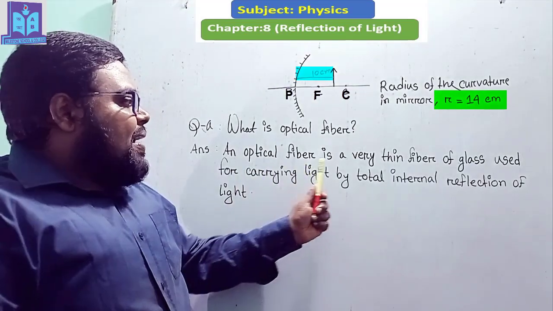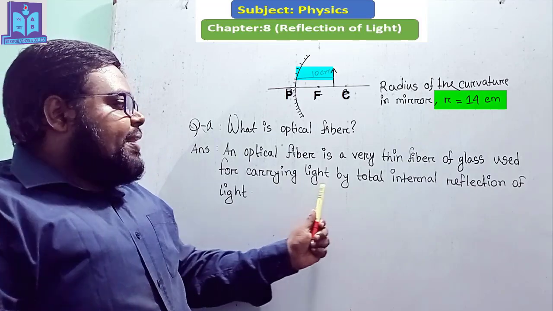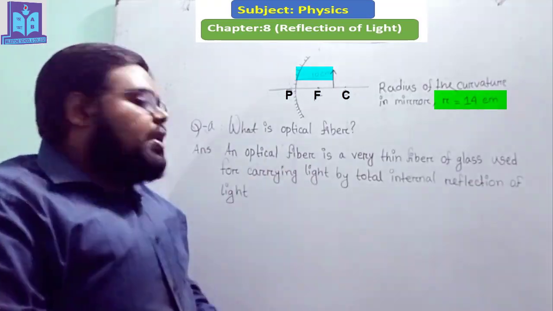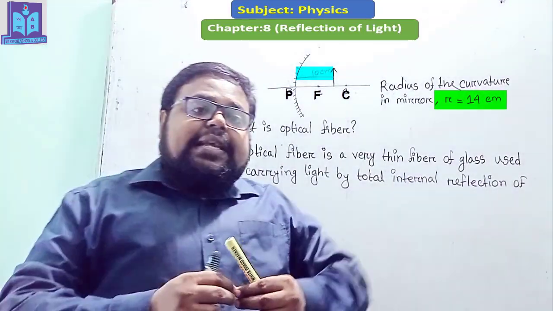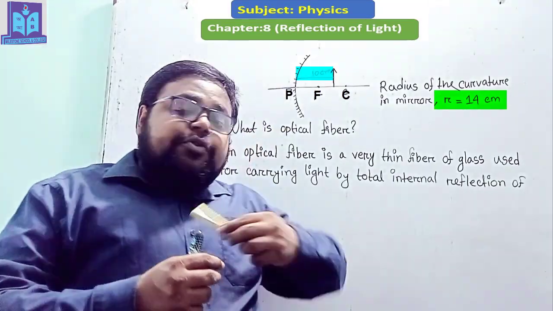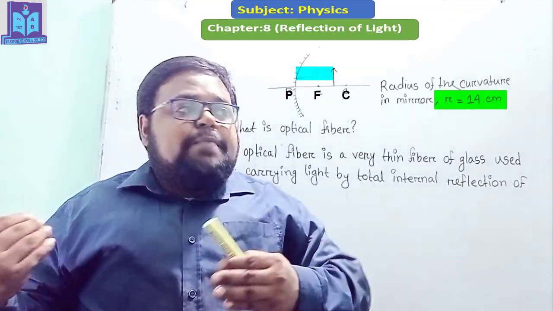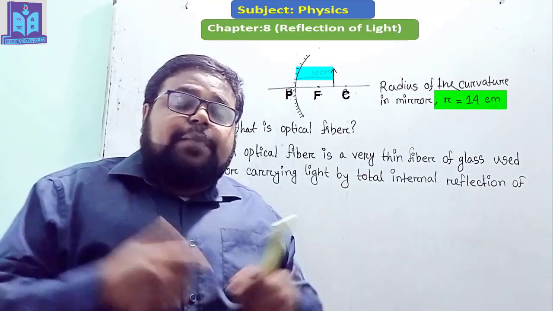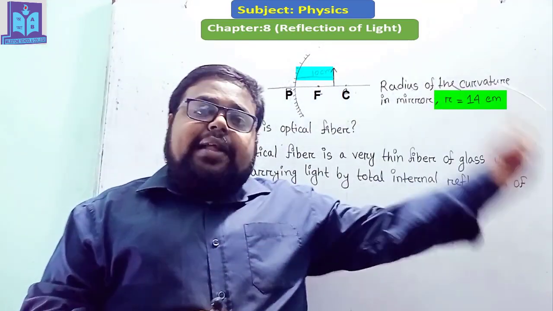An optical fiber is a very thin fiber of glass used for carrying light by total internal reflection of light. That means an optical fiber is a wire, and by using this wire we can easily send signals from one place to another place.